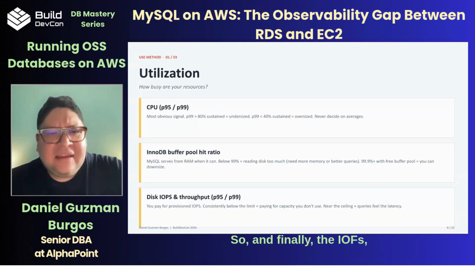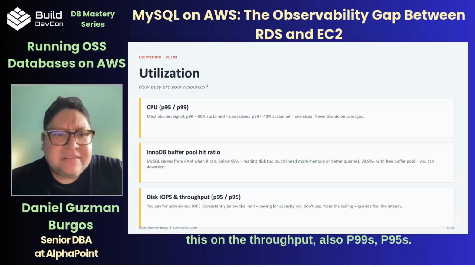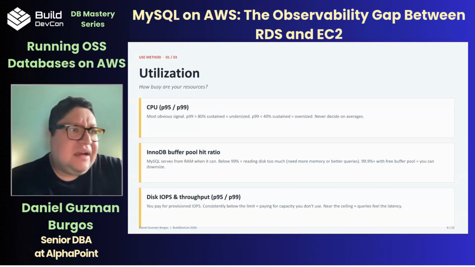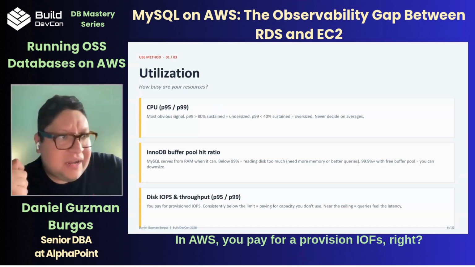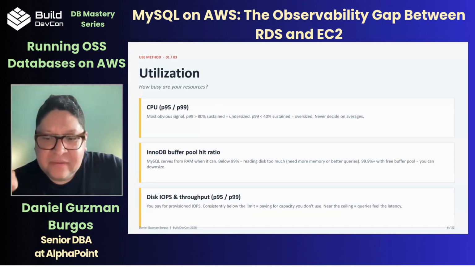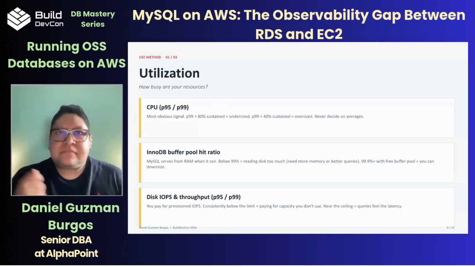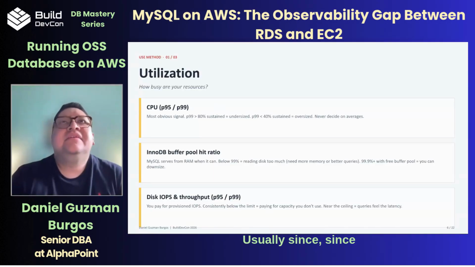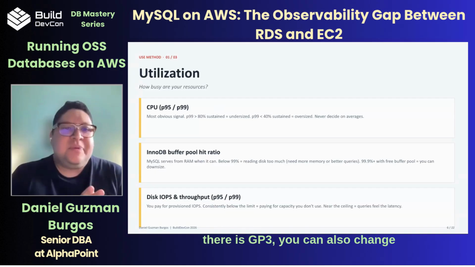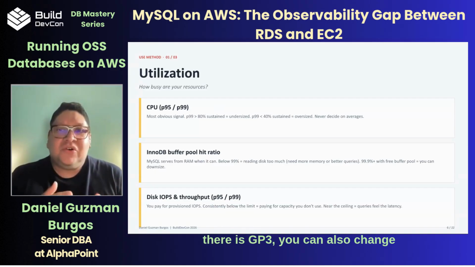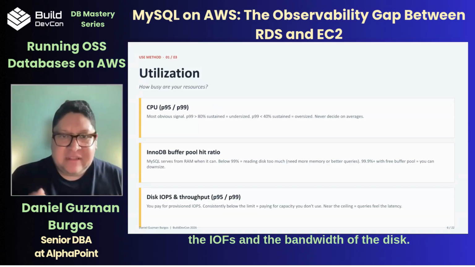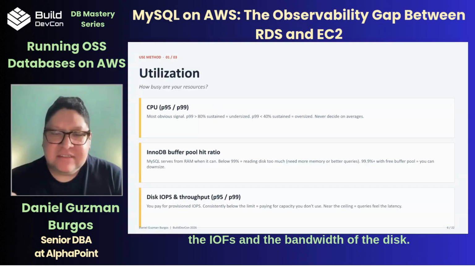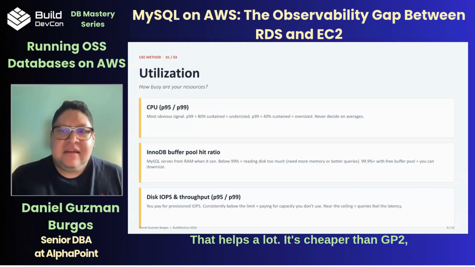And finally, the IOPS, and the throughput, also P99s, P95s. In AWS, you pay for provisioned IOPS, right? Usually, since there is GP3, you can also change the IOPS and the bandwidth of the disk. That helps a lot.